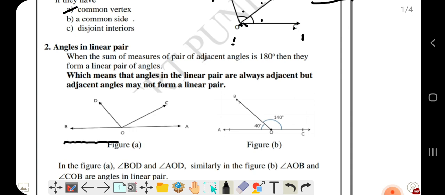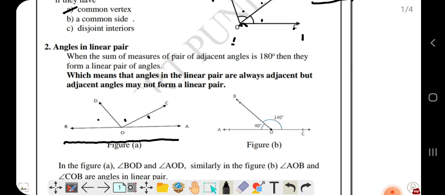This straight line is there, and there are angles, angle AOC and angle DOC and angle BOD. These three angles are called linear pair angles.